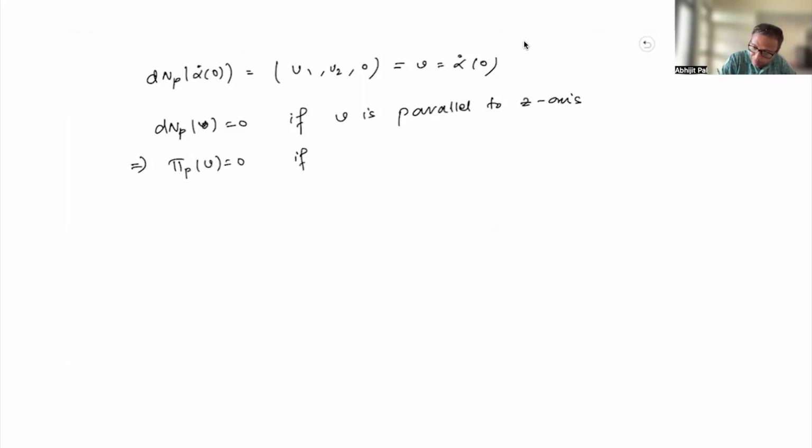And dN_P(B) is equal to B if B is parallel to the xy plane.